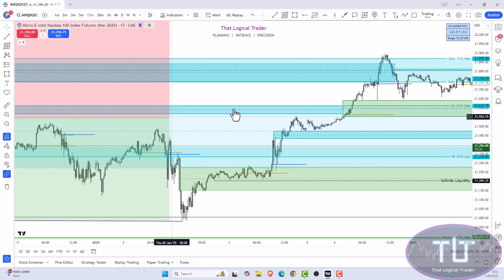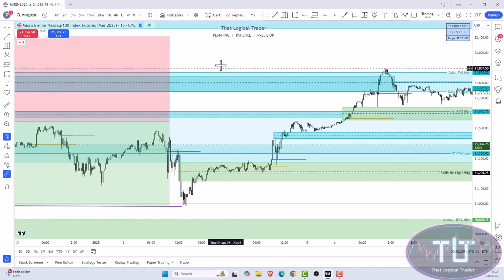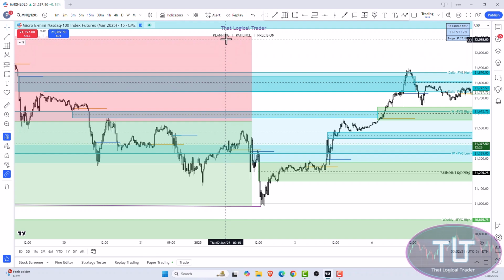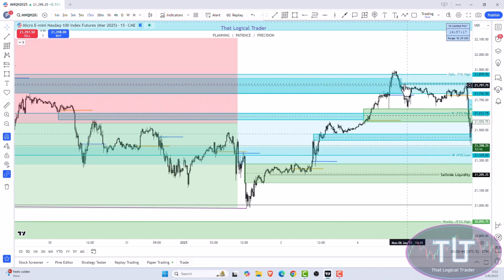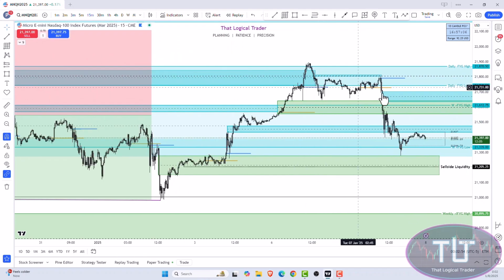So now, as you can see, we have this premium and discount. This is the high end of premium and this is the low end of discount, and this is equilibrium, and we were way above in premium and we started displacing. So that was a good sell idea. So now we started displacing and got below the equilibrium, which is right here, chopped in a little bit and then came down.